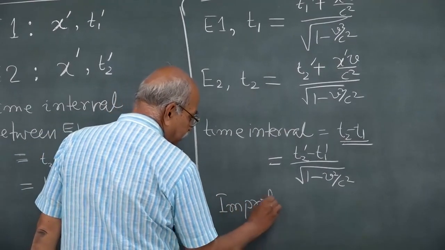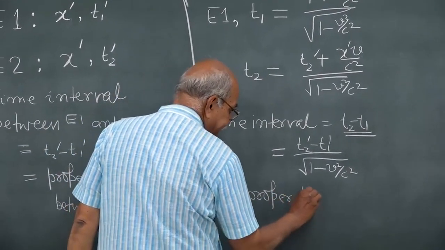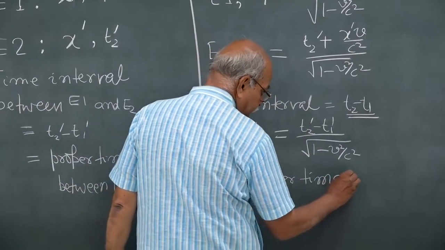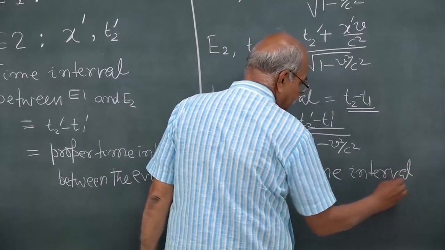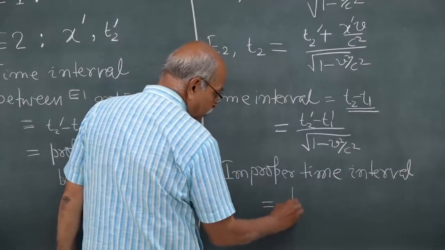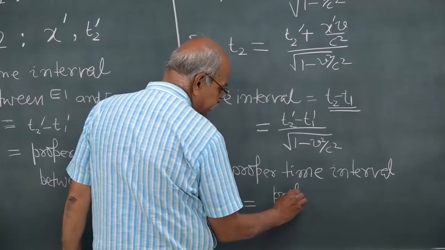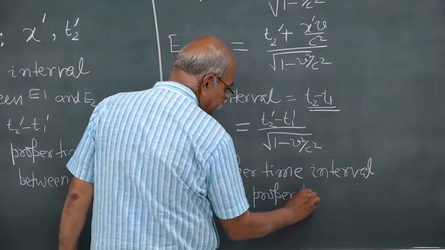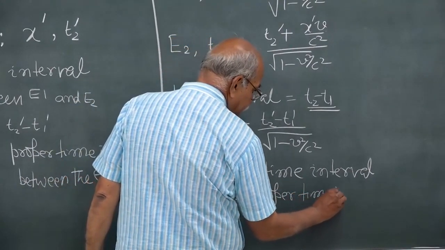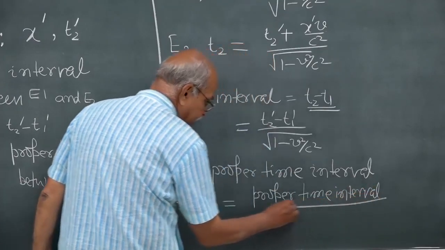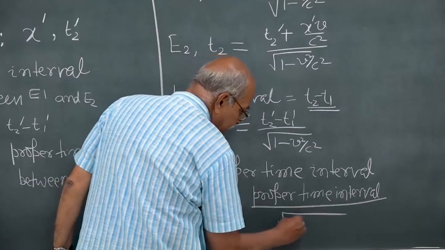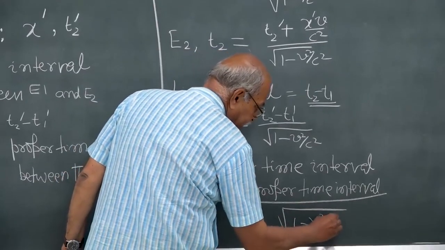So, the improper time interval is equal to the proper time interval divided by square root of 1 minus V square by C square.